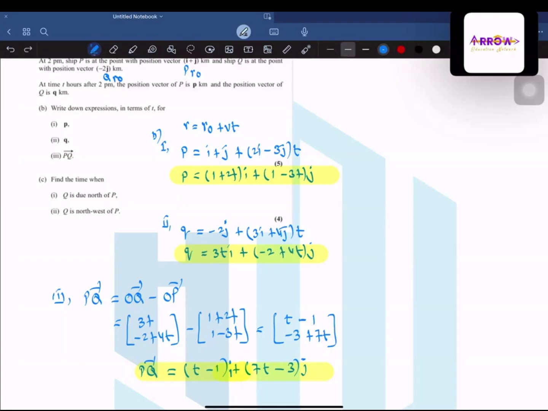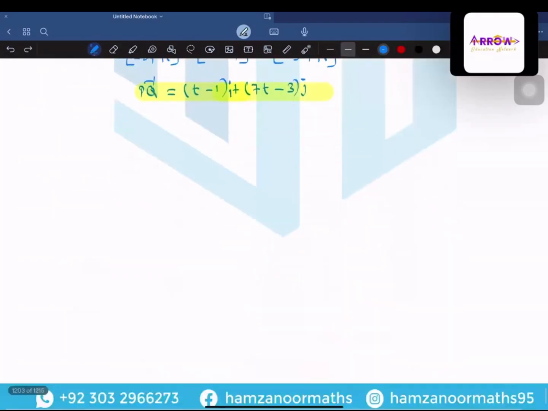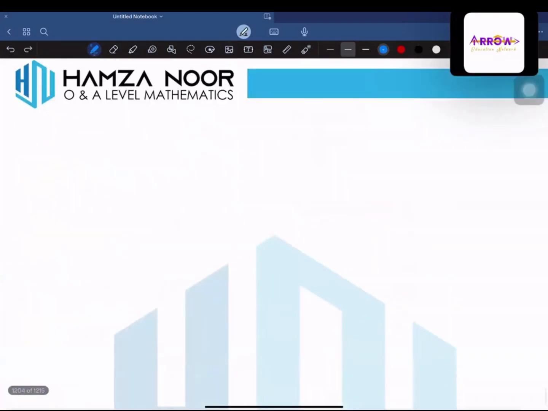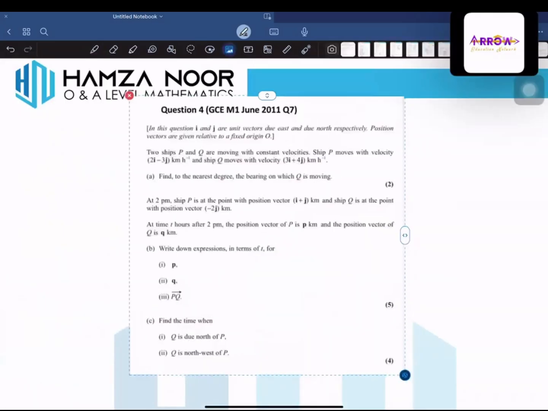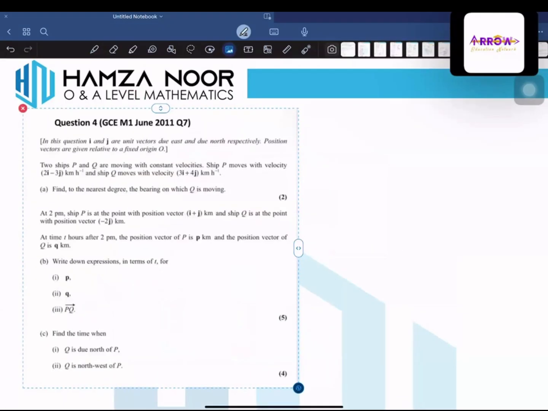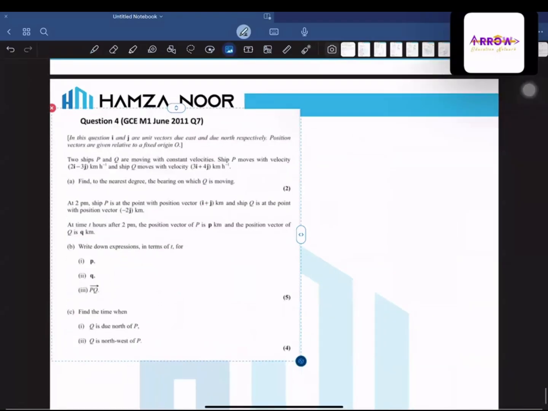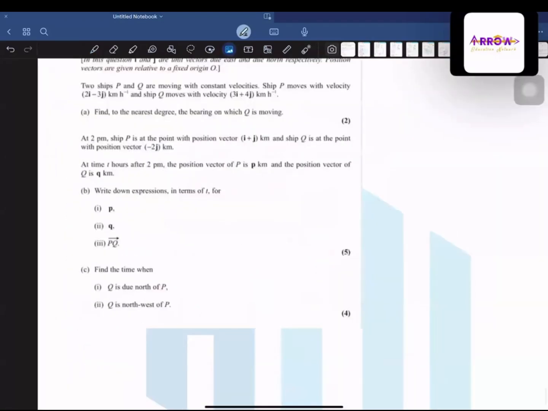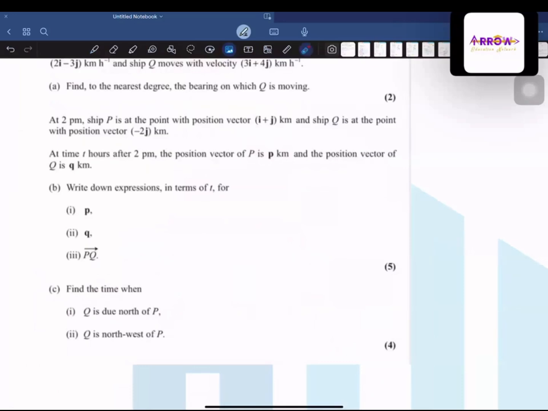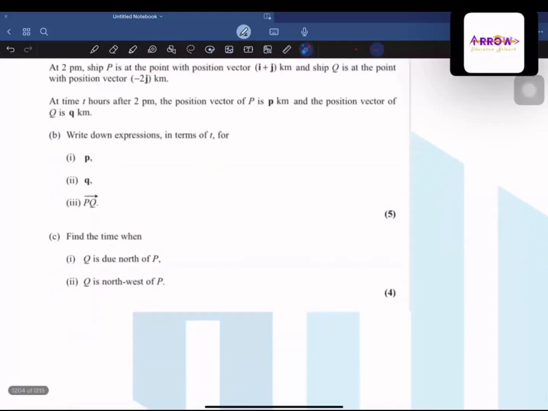So now let's move on to part C. I'll bring the picture on the next page. As far as part C is concerned, it says: find the time when Q is due north of P and Q is northwest of P. First of all, we have found a vector PQ in part B, part 2.